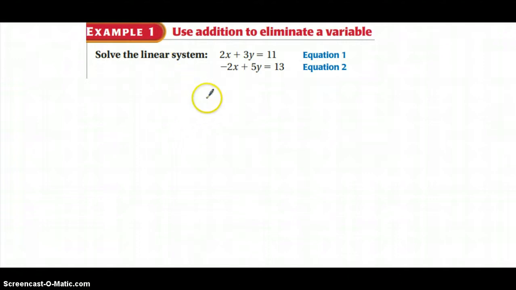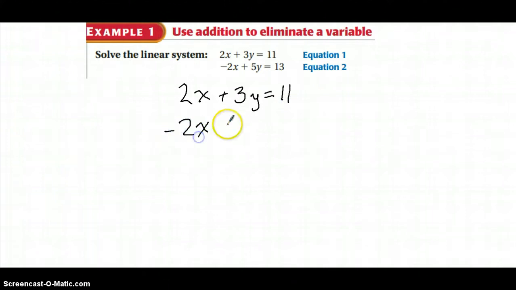opposites. So if I take this first equation, 2x plus 3y equals 11, and of course I still have down here my negative 2x plus 5y equals 13 for equation 2.